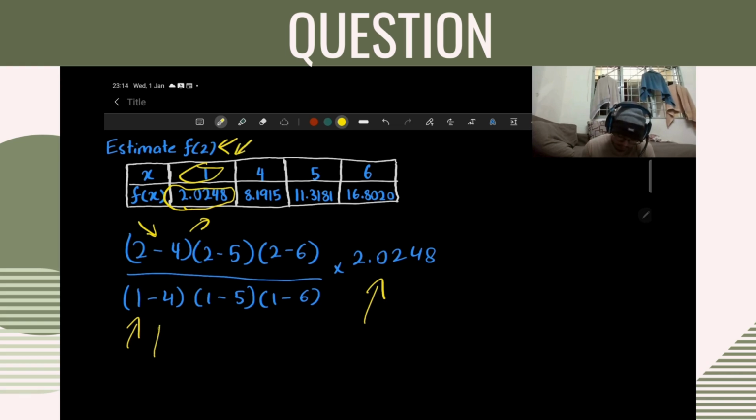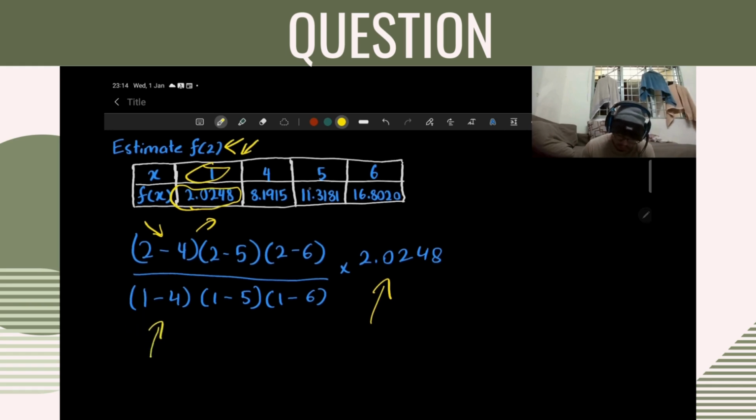While on the lower side, you have to subtract all of them except number 1. So 1 minus 4, 1 minus 5, 1 minus 6. And you have to do it for all of the points.